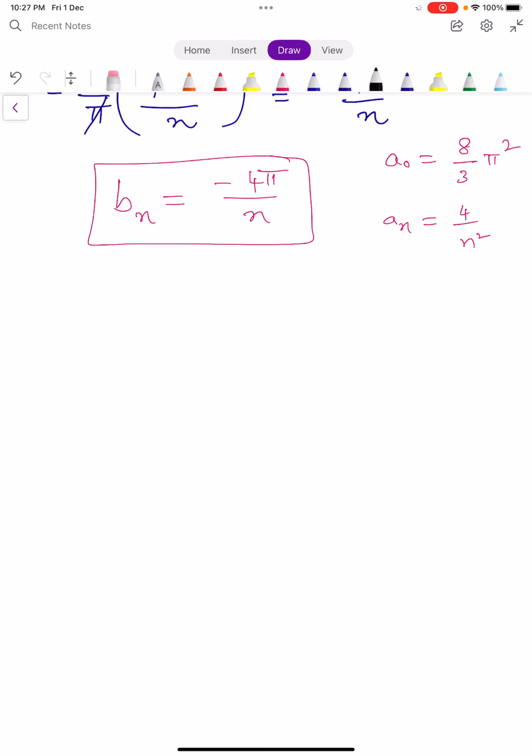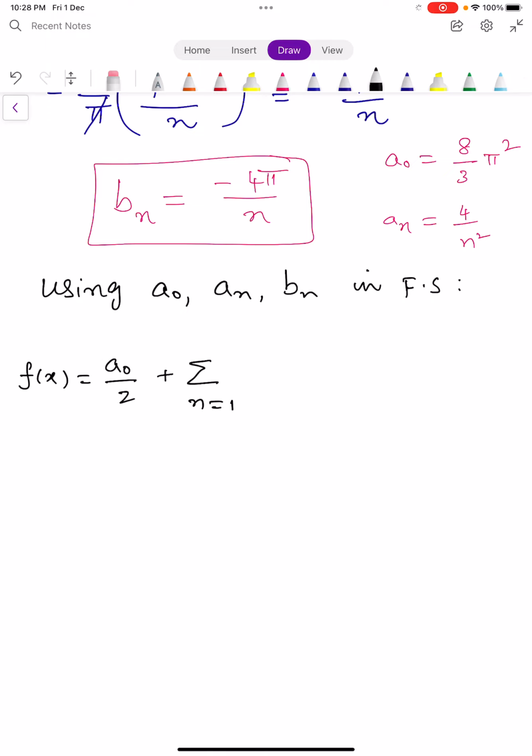Using a naught, an, bn in the Fourier series expansion, f of x is equal to a naught by 2 plus summation n equals 1 to infinity an cos nx plus summation n equals 1 to infinity bn sin nx. What is f of x? x square.